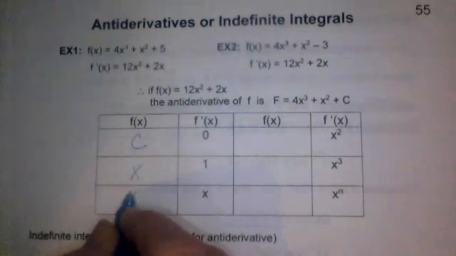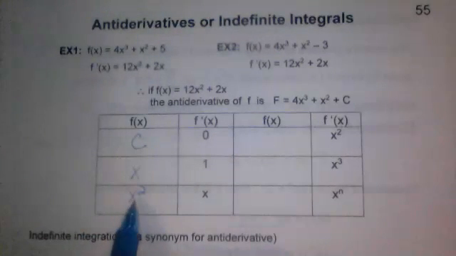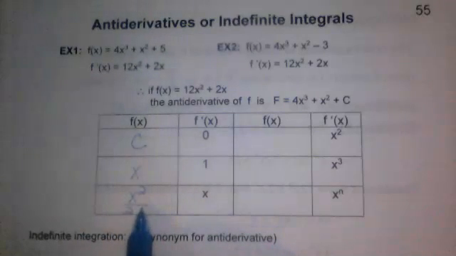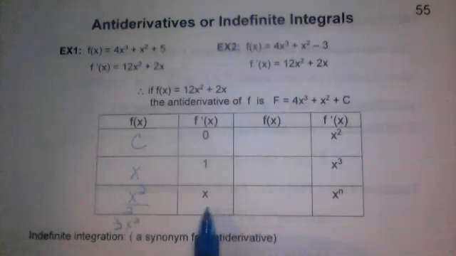Well, it would have had to have been x to the second power, but if I take the derivative of this, I get 2x to the first power. So not only is it x squared, but I also have to divide it by 2, so that when I take the derivative of this, so this is 1/2 x squared, I would get 1/2 times 2, or 1x.